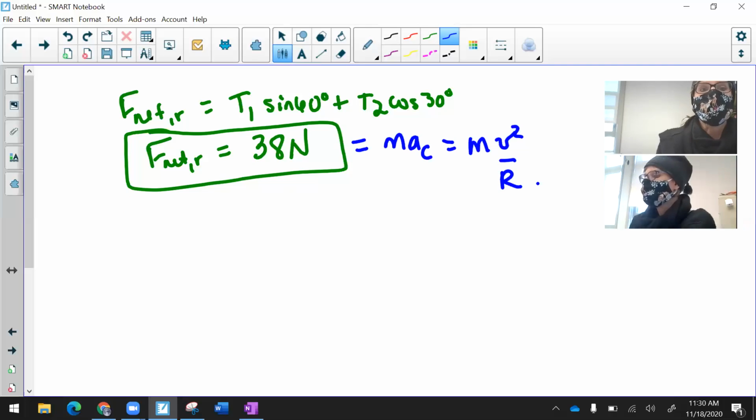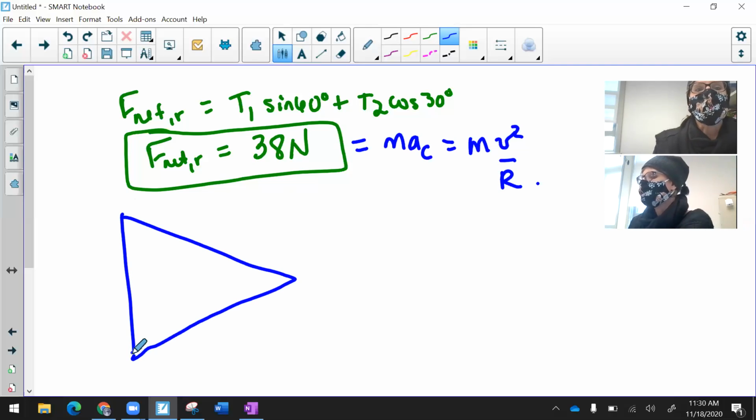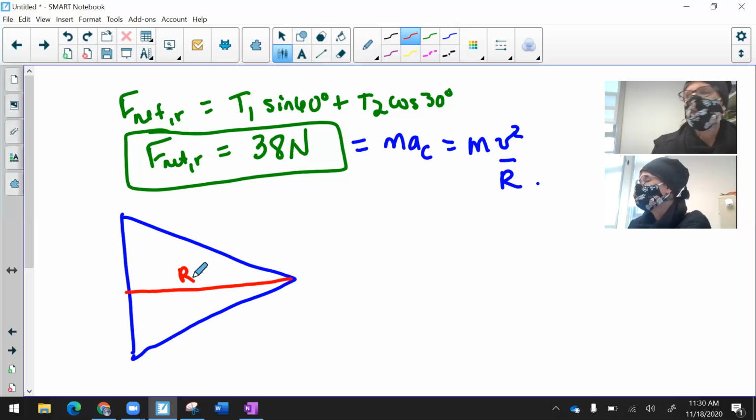Yeah, okay, so remember I have this lovely equilateral triangle. This is the R that I'm looking for.